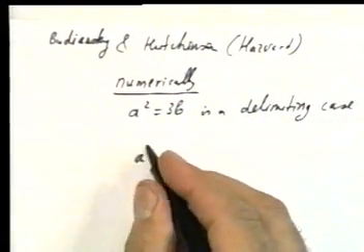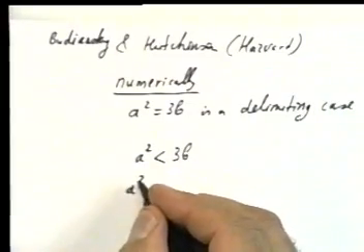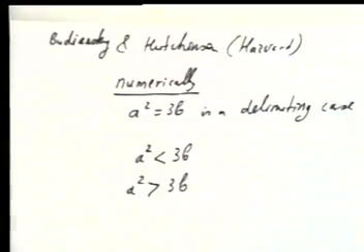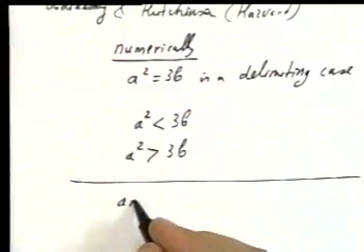That means there is one behavior when a squared is smaller than 3b, and another when a squared is greater than 3b. We here find results analytically.